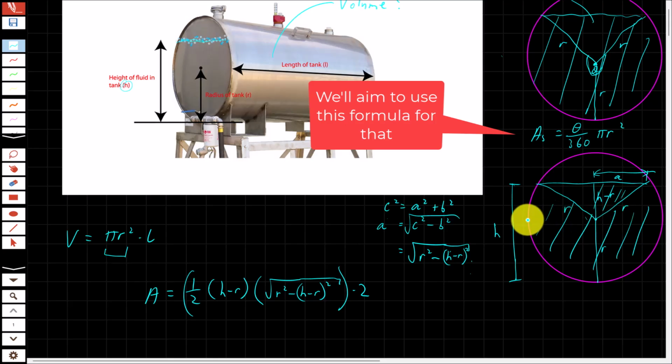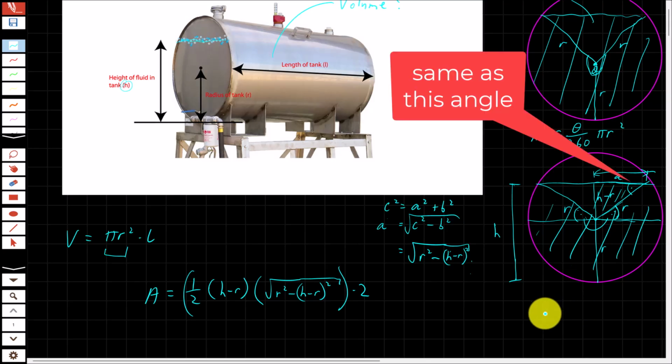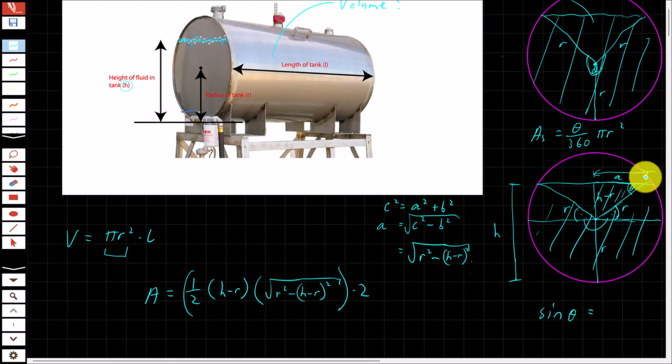So if we were to draw a straight line across here, we need this angle and we need this angle plus this angle here, which is the same as this angle here. So we have sine theta, call that theta, equals opposite over hypotenuse.